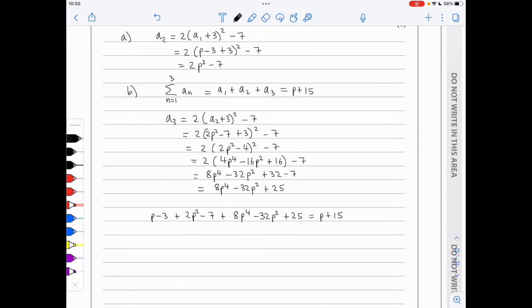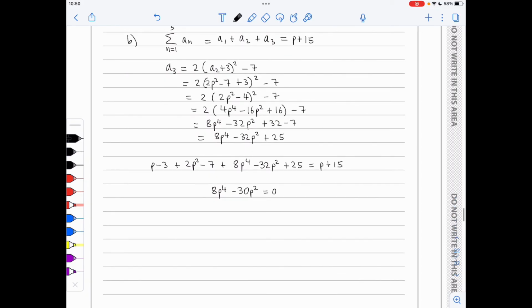All of this simplifies to 8p to the power of 4 minus 30p squared is 0. I will factor out the 2p squared and in brackets 4p squared minus 15, which means that either p is 0 or p squared is 15 over 4.